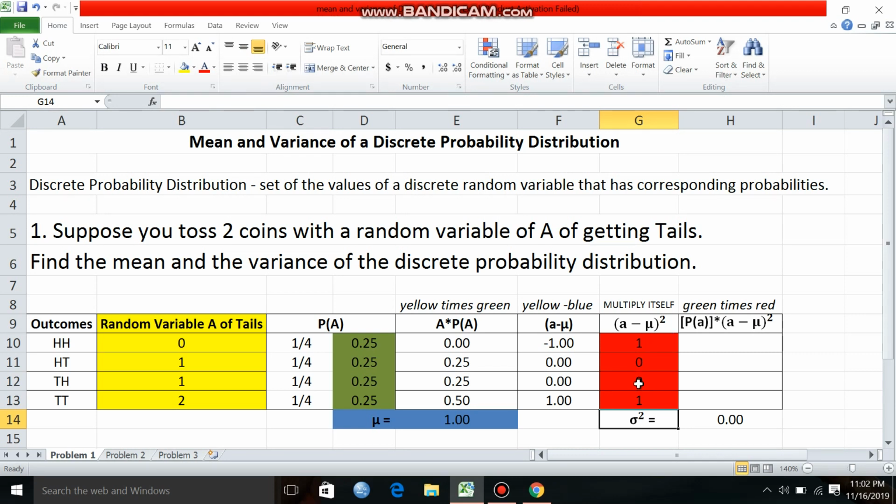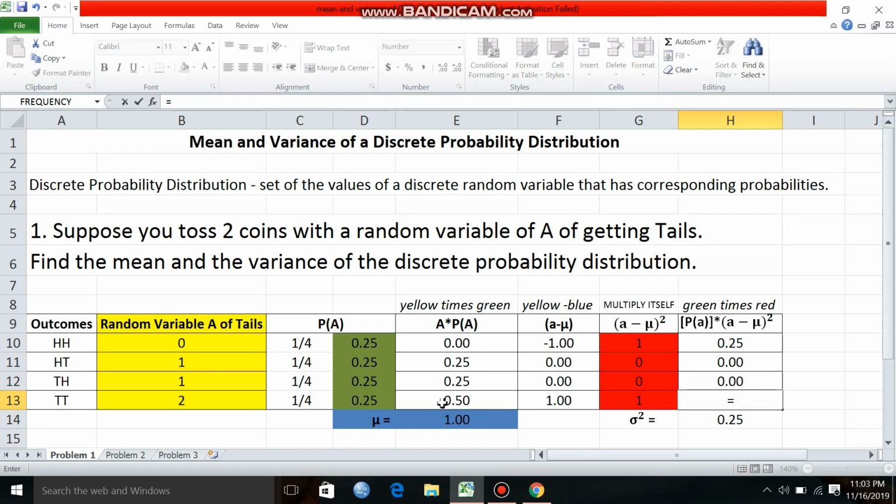Then after this we need to multiply the probability and this column. So 0.25 times 1 is 0.25. Then 0.25 times 0 is 0. And this one, 0.25 times 0 is 0.